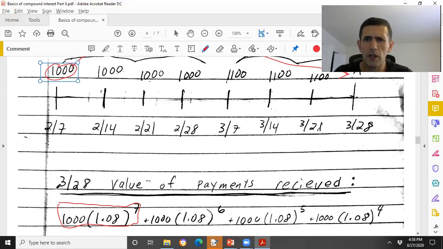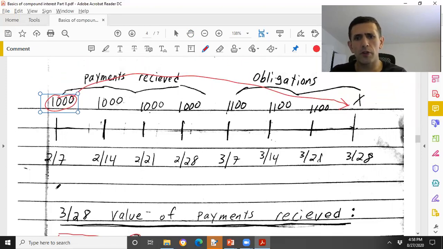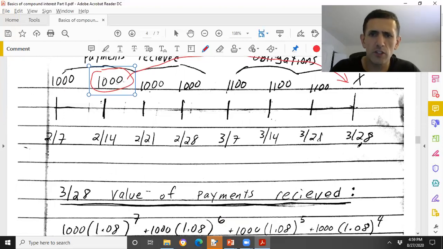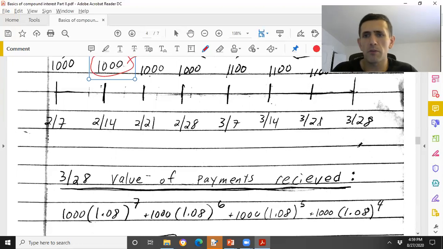Okay. We do the same thing for the February 14th payment. All right. What is the time value of that on March 28th? Okay. Well, that 1,000 accrues 1, 2, 3, 4, 5, 6 months of interest. The interest rate is 8% per month.